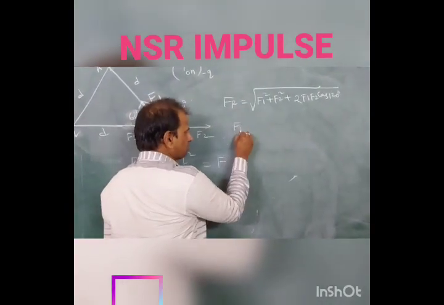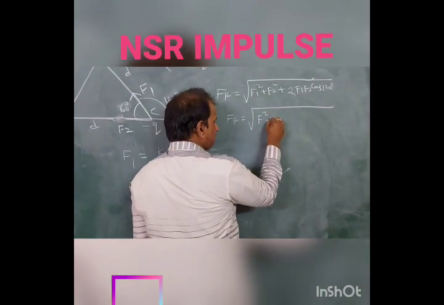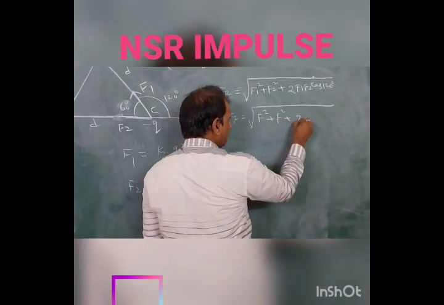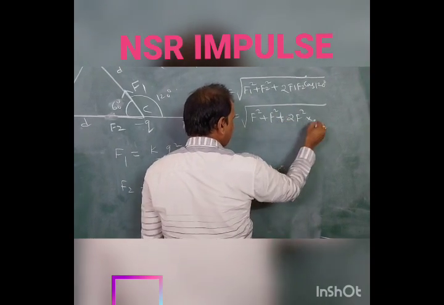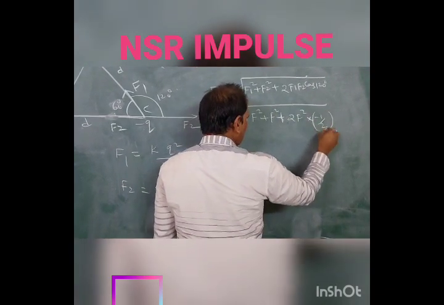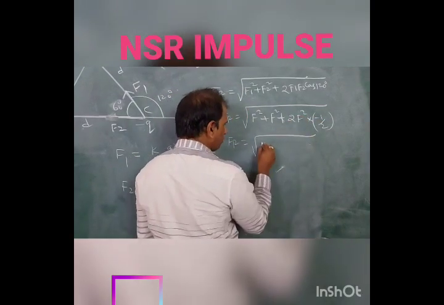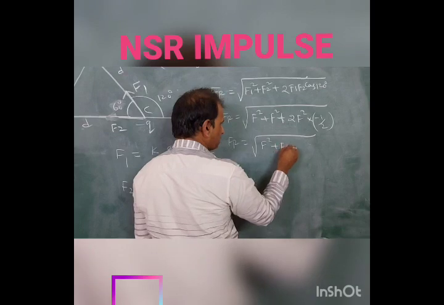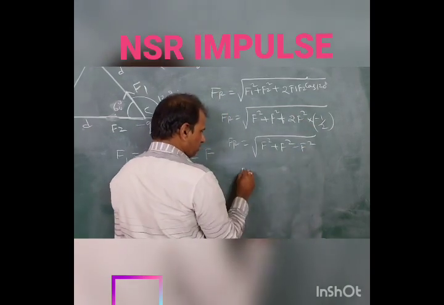So Fr is equal to the square root of F square plus F square plus 2F square cos 120, which is minus 1 by 2, which gets cancelled. Fr is equal to the square root of F square plus F square minus F square.